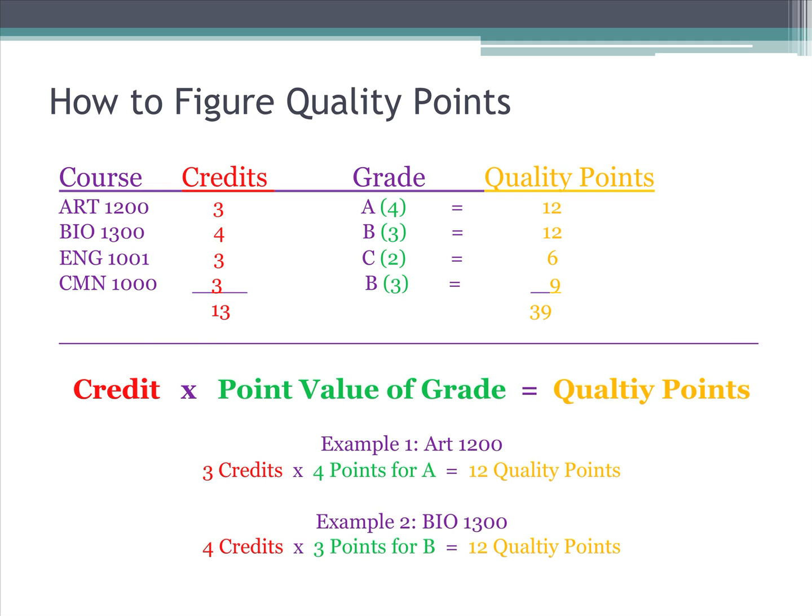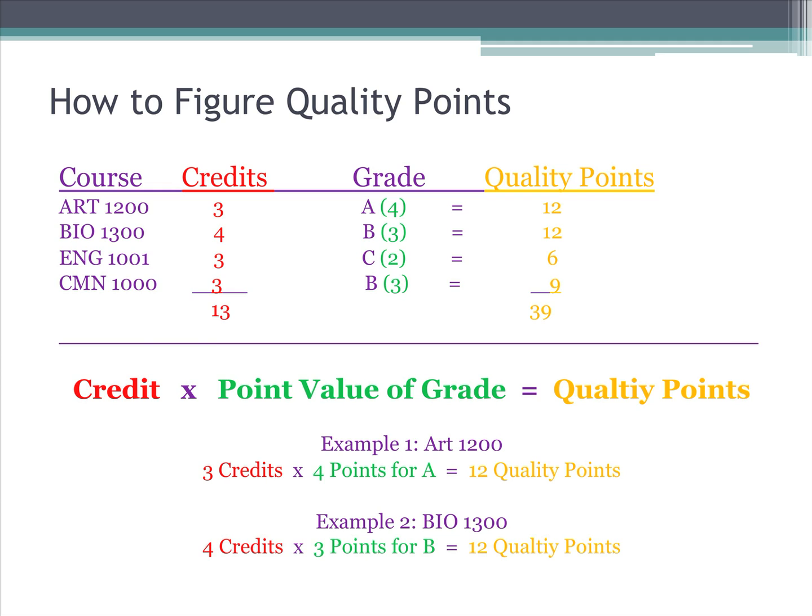Let's look at 2 examples to help you understand. Example 1 at the bottom of the chart. Look at Art 1200. The class is worth 3 credits, and the grade earned was an A, which is worth 4 points. So, 3 credits times 4 points equals 12 quality points.